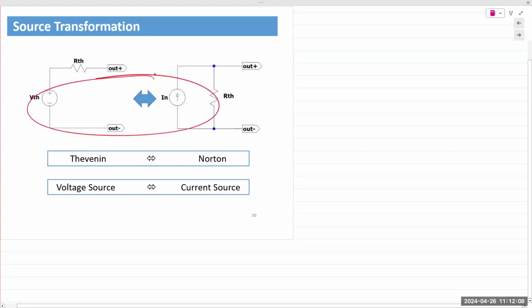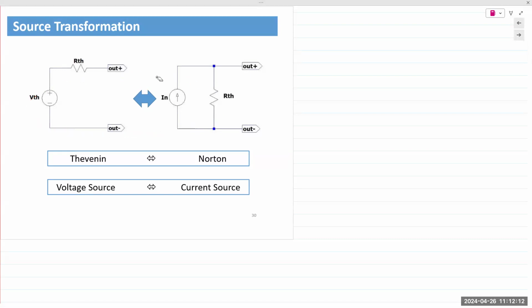If you have a voltage source in a circuit, you can convert it into a current source and vice versa if certain conditions are met. Like Thevenin circuit is a voltage source in series with a resistor. So if you have a circuit that meets those conditions, you can convert or transform it into a current source in parallel with that same resistor.